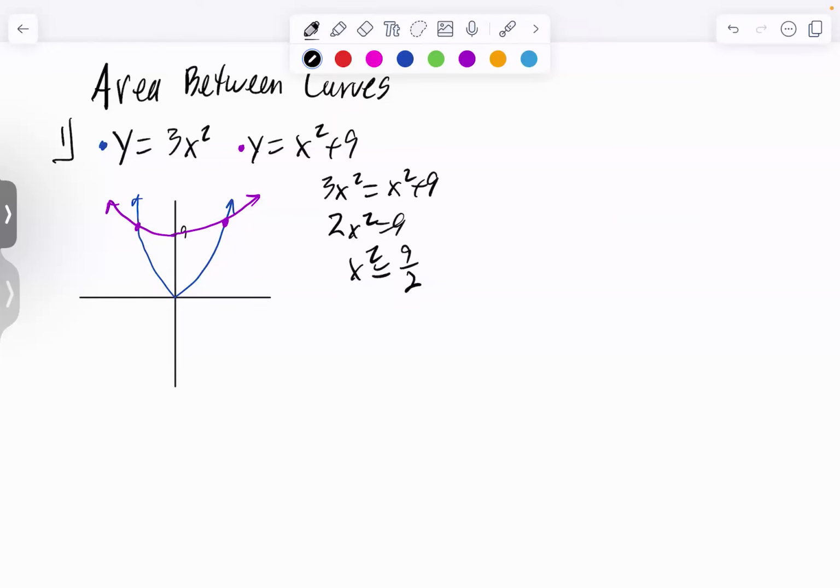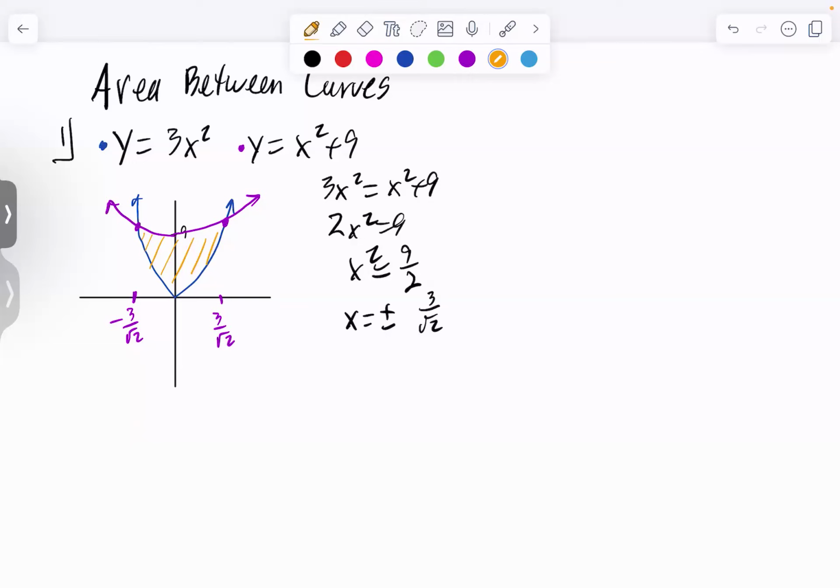Taking the square root gives me plus or minus 3 over root 2. To be clear, that means that we are here and here, and the area of interest is going to be all of this.